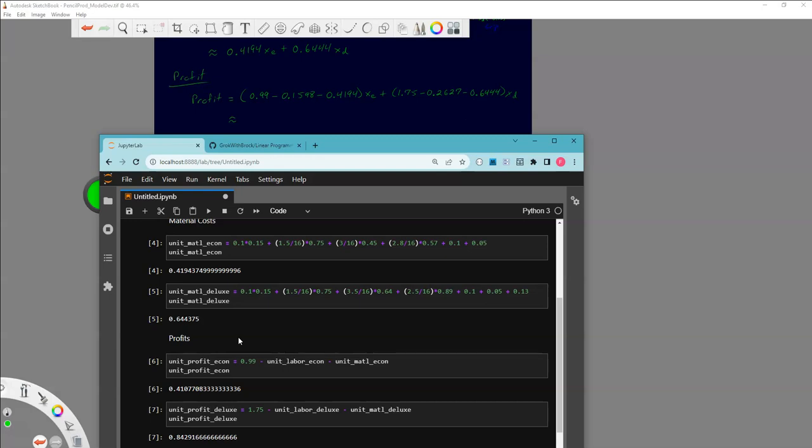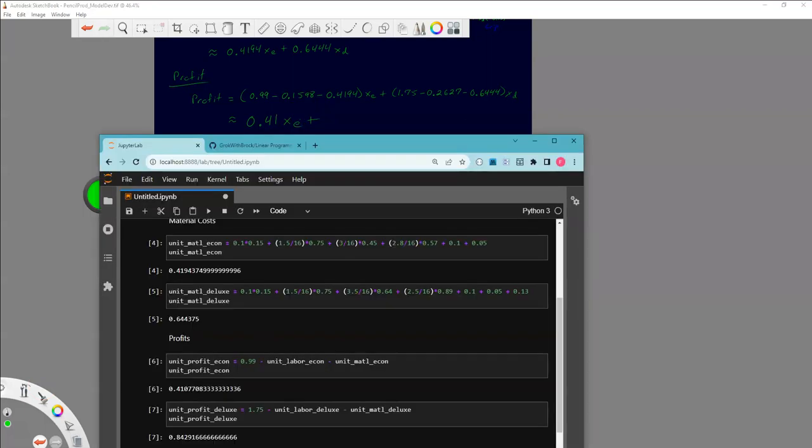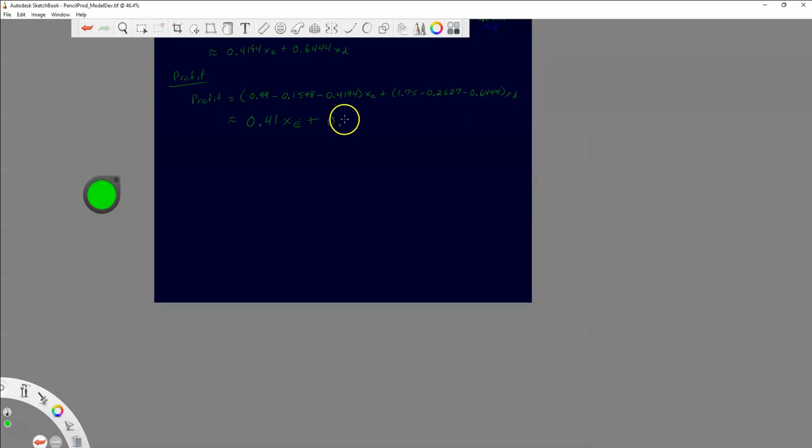So 0.41, shorten it to 2 decimal places at this point, 0.41 x sub e, whoops, plus 0.84 x sub d.